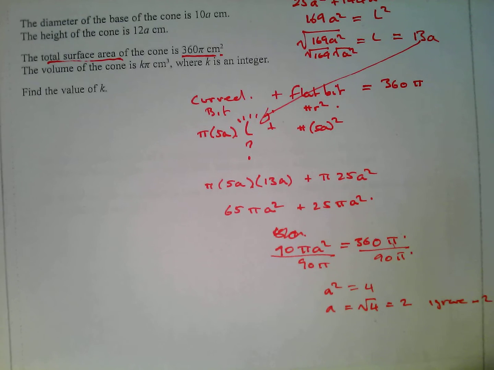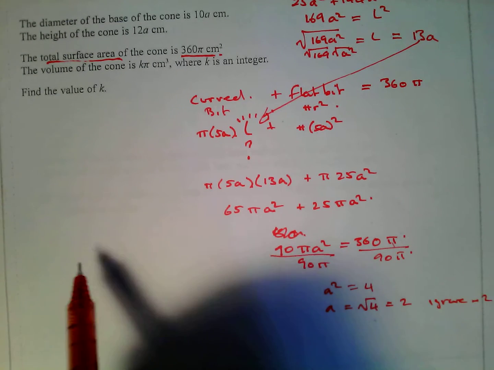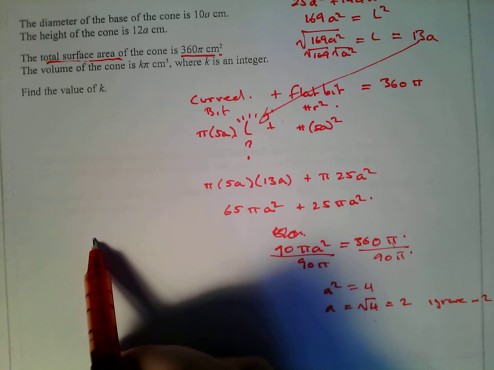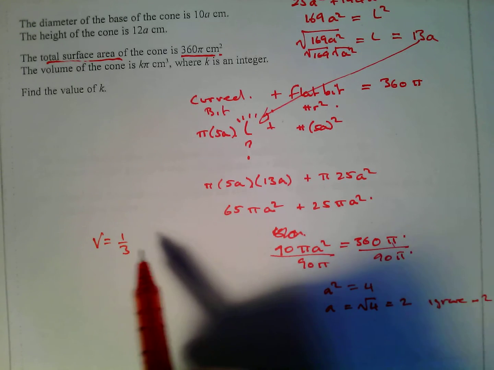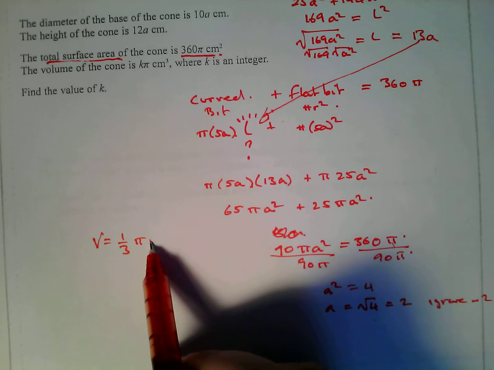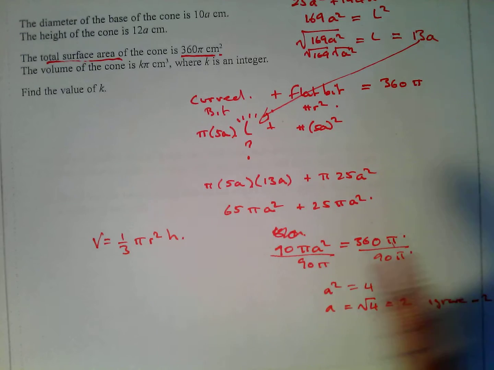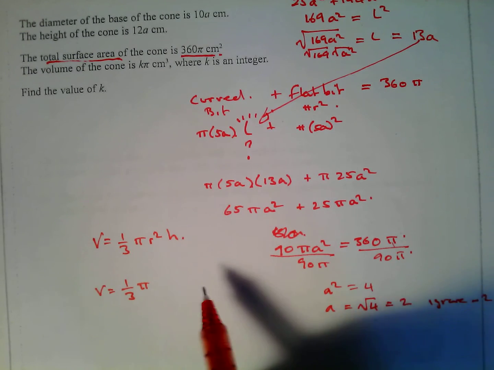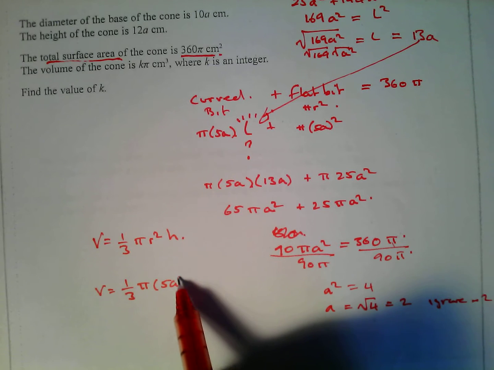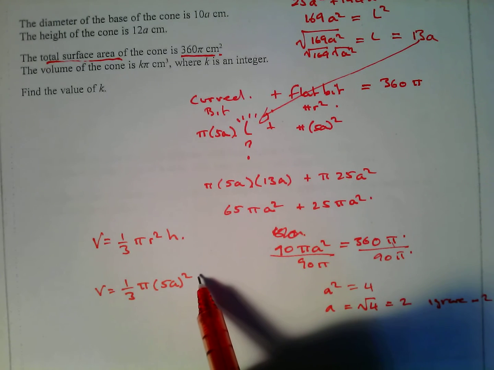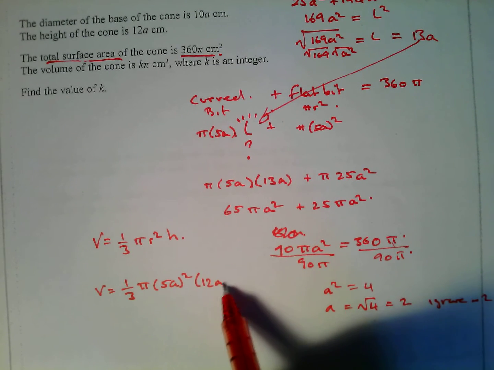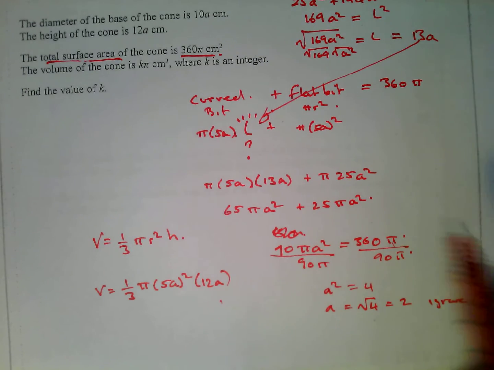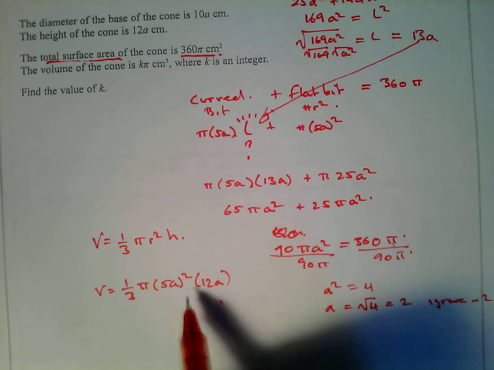So here we've got that, and therefore we should be able to work out what a squared is. If we divide by 90 pi on both sides, the pi's cancel. 360 divided by 90 is 4, and so we get a squared is equal to 4.